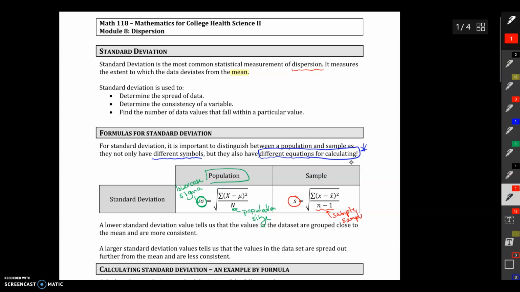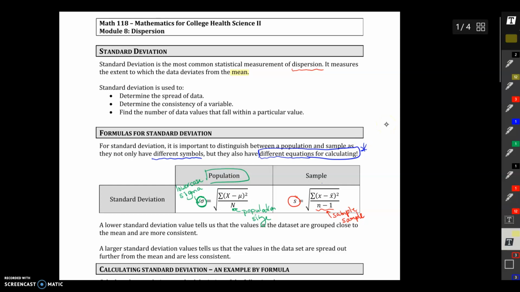Because the denominator is a little bit smaller in the formula, the standard deviation value is a little bit higher, and that's because the sample standard deviation is approximating the population standard deviation. If we don't have all the data, then we expect that if we had all the data, it would probably have a little bit more variation. If our sample increases in size, we might see more variation in it.